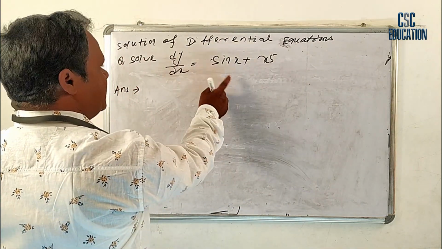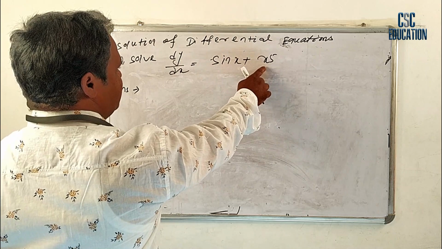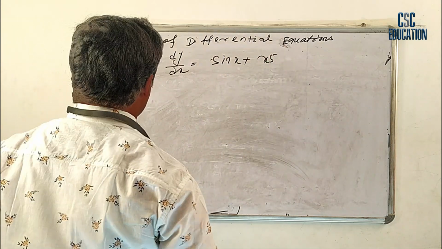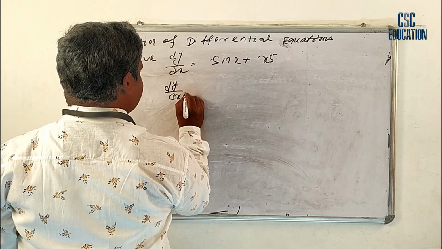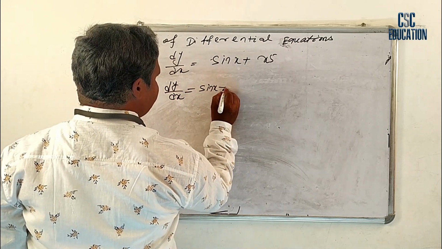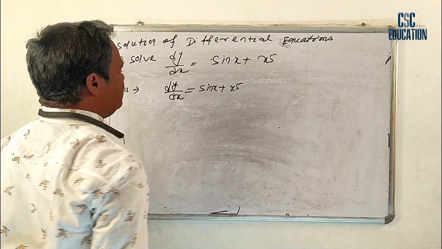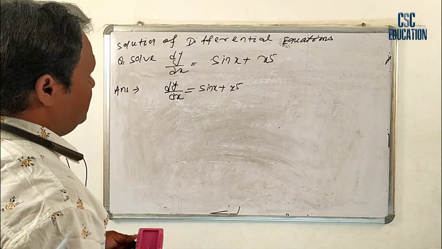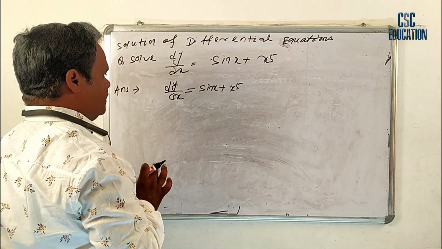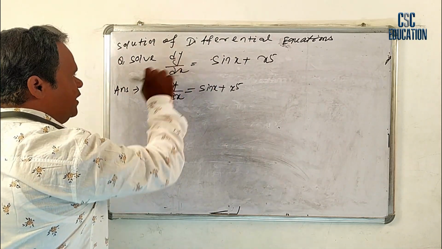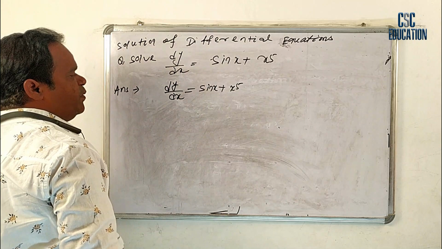The given question is dy by dx equals sin x plus x to the power 5. Here the given form is dy by dx equals f of x.